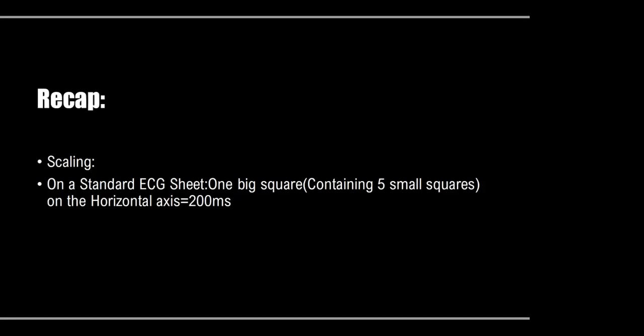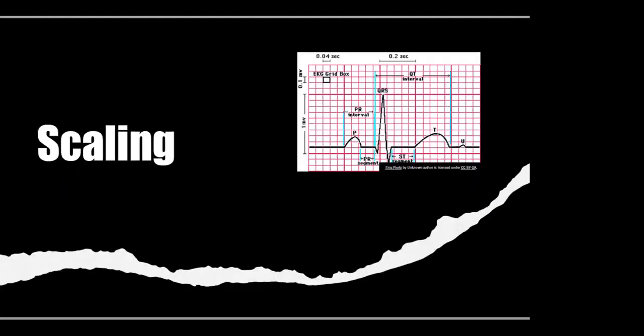So if one big box containing 5 small squares equates to 200 milliseconds, mathematically one small box has to be 0.04 seconds or 40 milliseconds. Next slide. That's too small, but it's basically what's demonstrated here. We have one big square that contains 5 small squares, and each small square is 40 milliseconds. Next.